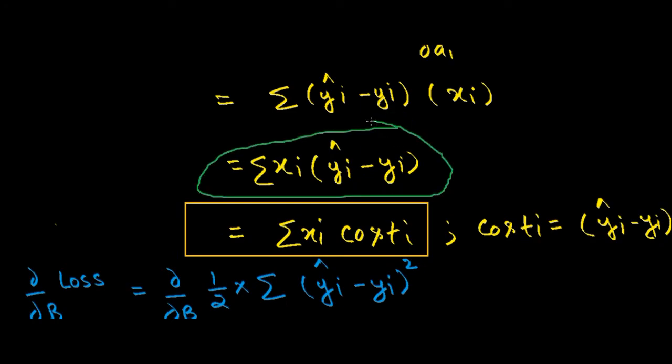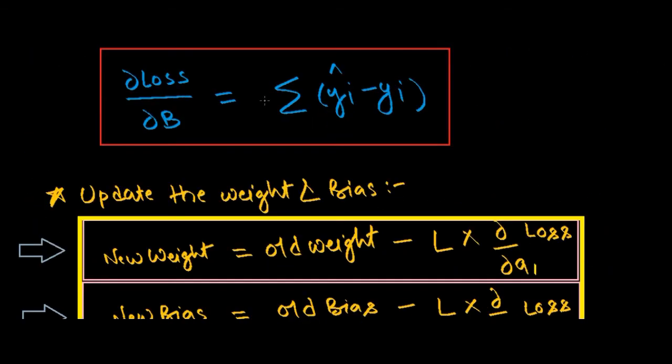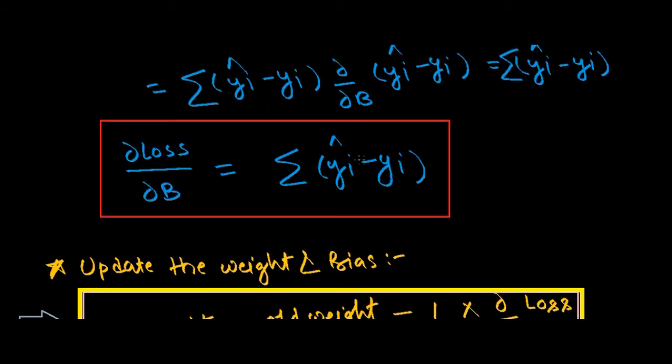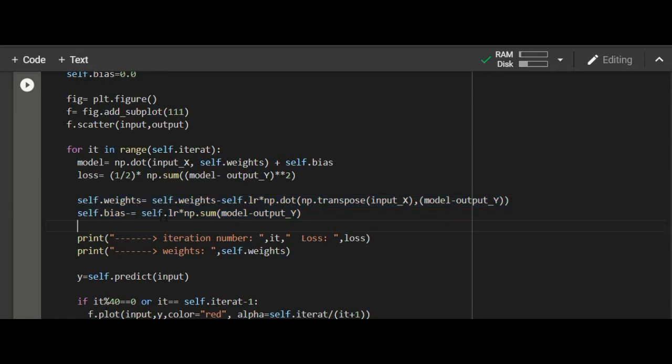Okay, so this formula here will be the derivative with respect to our weight, and this formula here will be the derivative with respect to the bias, and the same thing is written here. You can see this is the derivative part with respect to bias, and this is the derivative part with respect to weight. Okay, and now we are just multiplying it by learning rate, and after that we are subtracting it from the old weights, and similarly we are doing here.